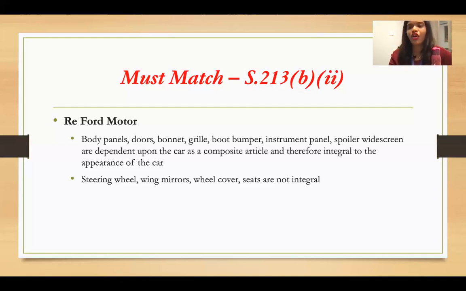Then it will fall within must match. Small items, like subsidiary items, like in the case of Reford, they have steering wheels, wing mirror, wheel cover. These are all subsidiary items, so they are not integral, they are not dependent.